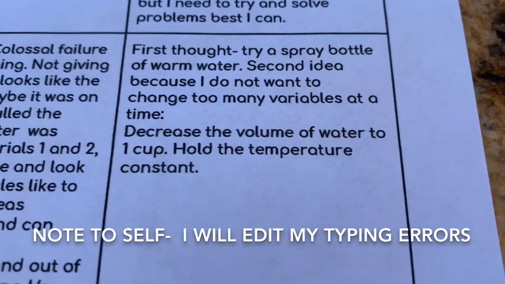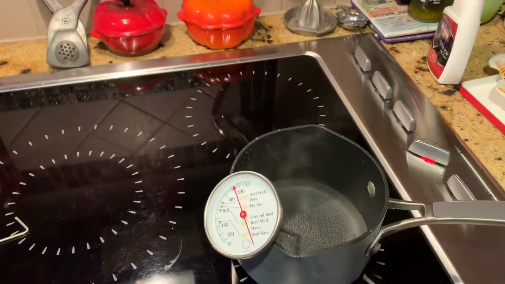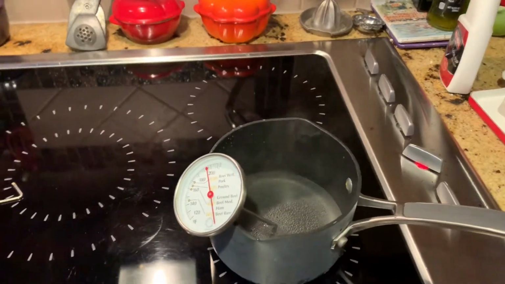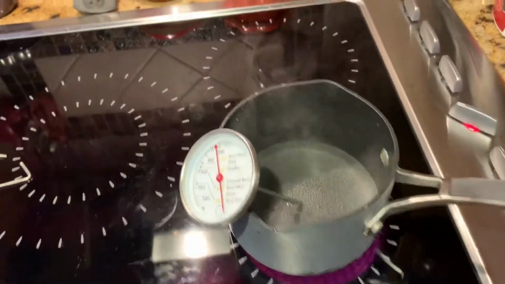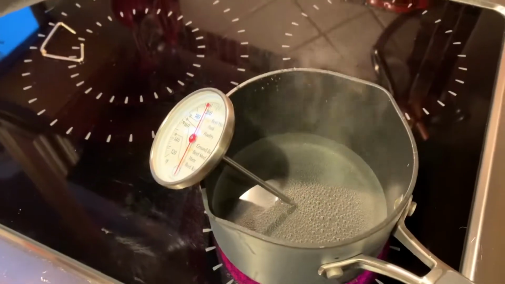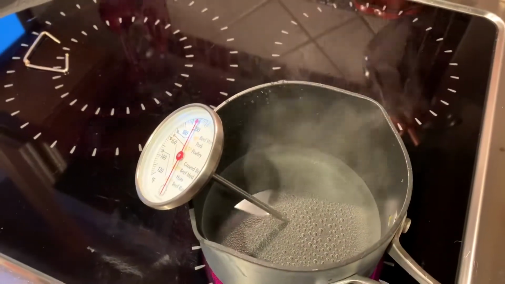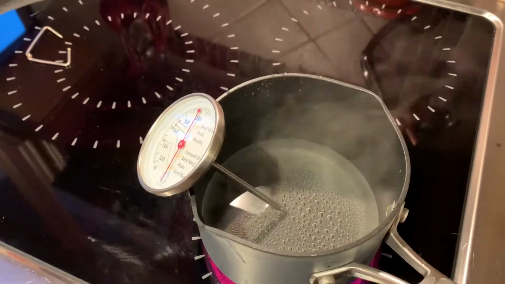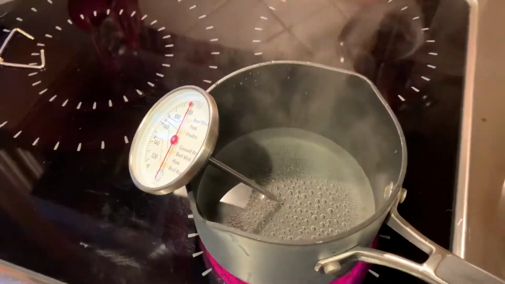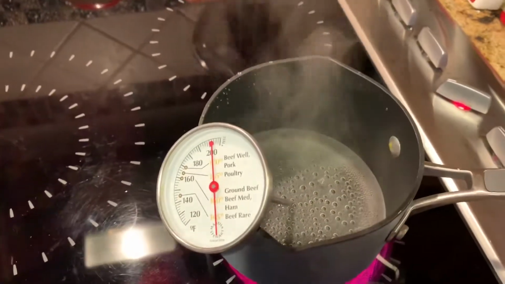And my next idea. I'm wondering if I'm using too much water. So I have reduced the water to 1 cup. Then I will go and make a trial 5 with the spray bottle based upon these results and after I review the video.